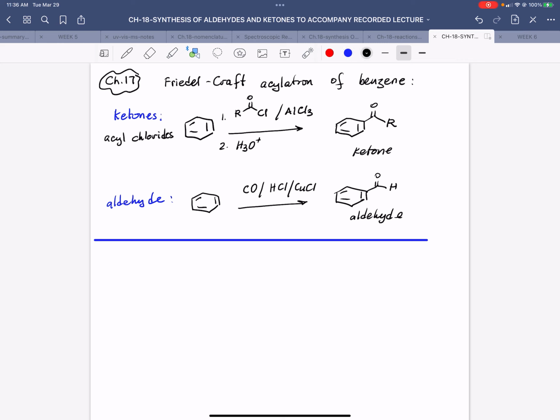So, synthesis of ketones from aldehydes. That is an indirect path. So let's take a good look at an example.